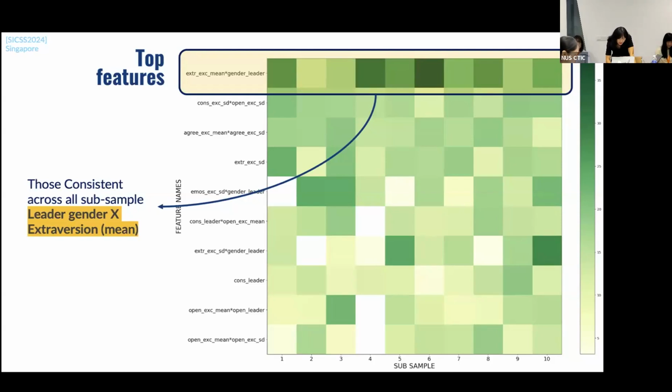One of the things we actually discussed a little bit is related to number 4, because we thought it makes sense. It's showing that the standard deviation of extroversion makes sense.